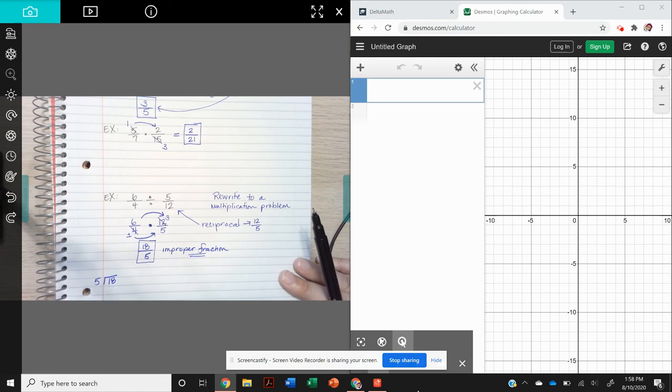So 5 goes into 18 3 times. So I get 15. It gives me a remainder of 3. So that means 3 becomes the whole number, and the remainder becomes the numerator. What I was dividing by becomes the denominator. And this is my mixed number.